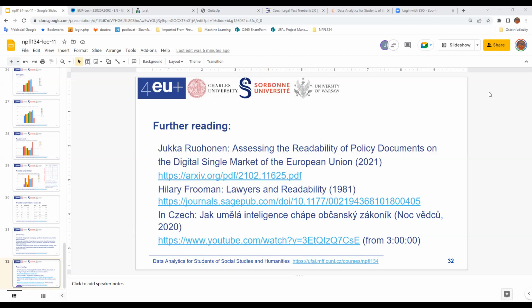All Czech texts look absolutely crazily complicated in terms of the English formula. You even get negative numbers, like you get completely outside the scale. Okay, thank you very much. No problem.